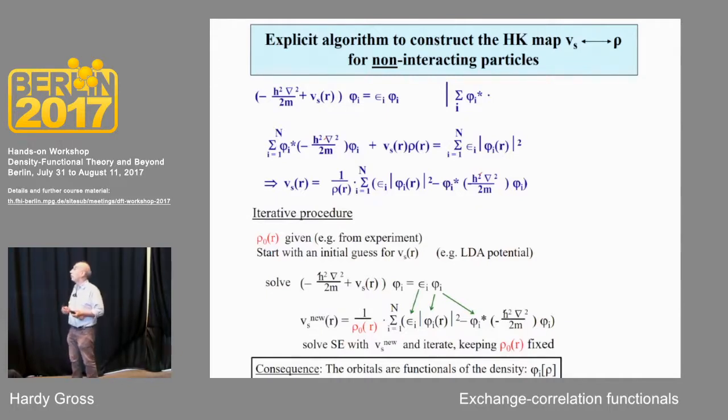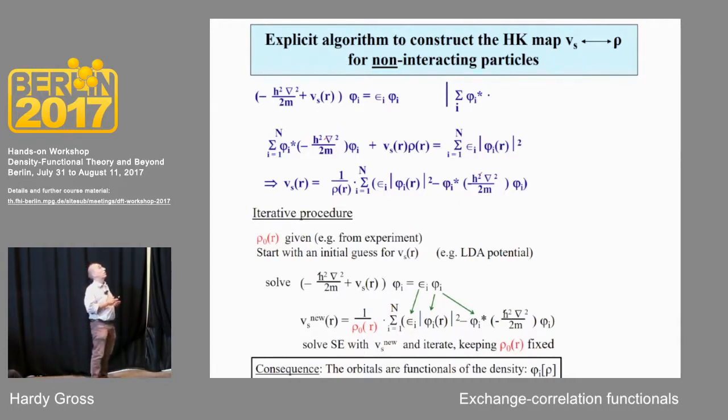And that's the Hohenberg-Kohn map. There's this simple proof by reductio ad absurdum, something very abstract, that tells you that given the density, you can calculate uniquely the potential. Actually, for non-interacting systems, you can make this an easy, simple algorithm, and that algorithm is here on this slide.